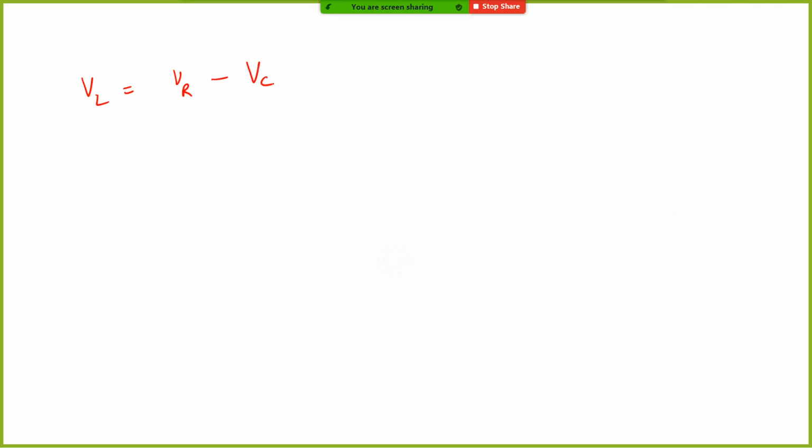Minus Vc. Okay. Now Vc of 0 is 2 volt. So Vr is what? 2 milliamp into this resistance value. So 2 milliamp into 2K, right? Minus 2 volt is your VL, which is nothing but L di by dt. So now you can differentiate your I of t and equate it and find the other constant.